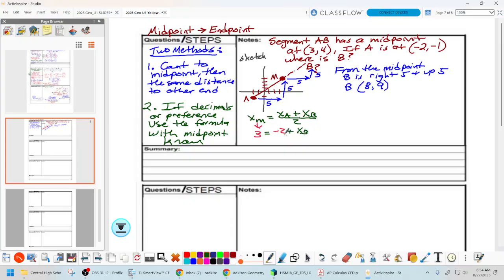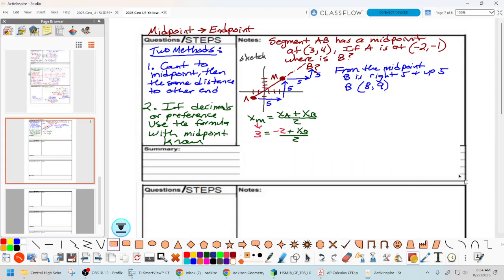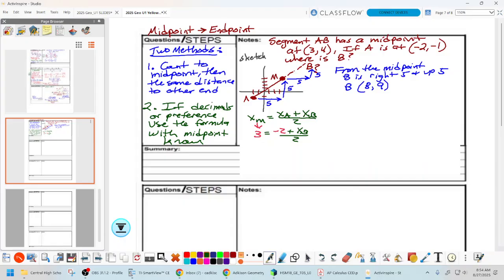So this is more of an algebraic approach. And then just solve that equation. This is partially why we reviewed solving with fractions. How do I get rid of the 2 in the denominator? Just multiply by 2, right?